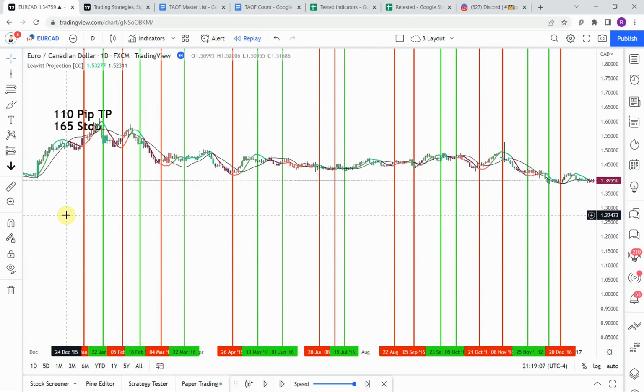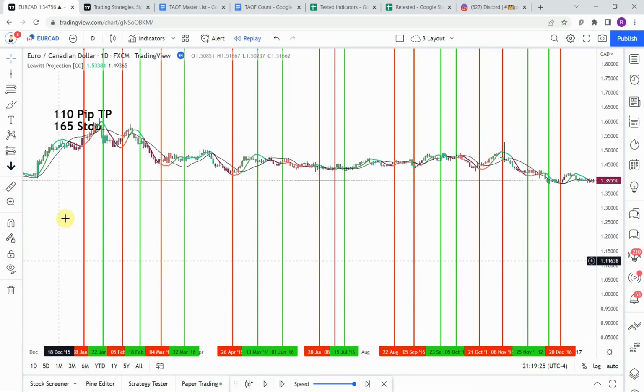So we have 21 trades all together, and we have 10 winning trades. And so obviously that's not going to meet the 60% criteria.